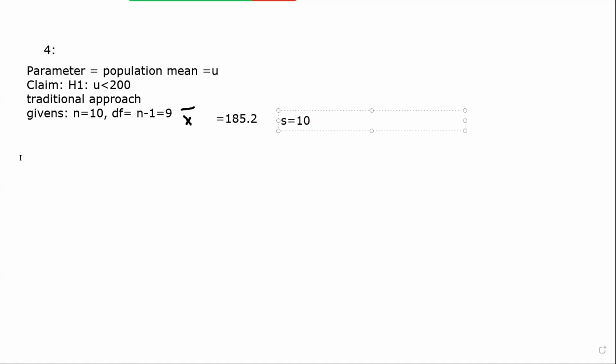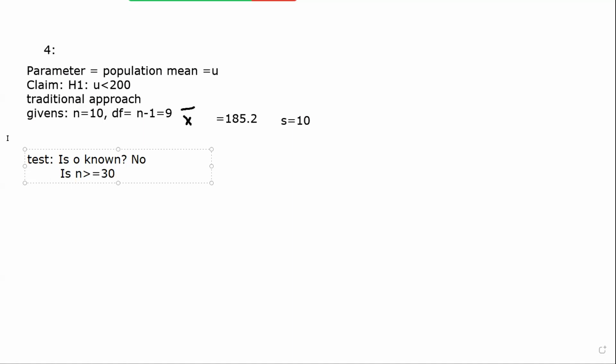Now, we need to figure out which test we're going to be doing. So for the test that we're going to be doing, we ask ourselves, is sigma known? And the answer is no, it's not. We know S, we don't know sigma. Sigma known, no. And is N greater than or equal to 30?